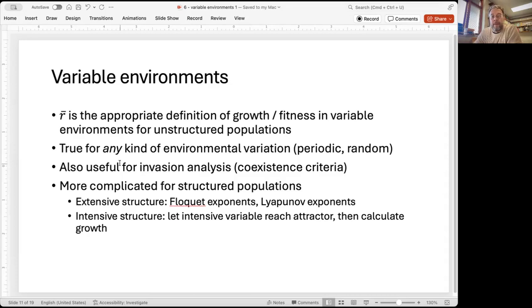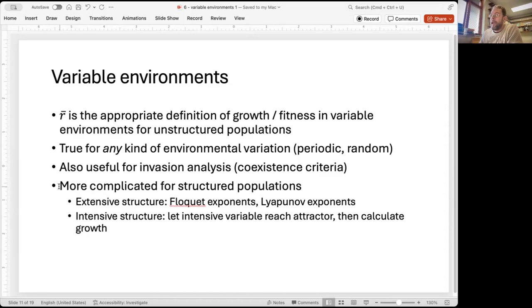If each can grow into the monoculture of the other, then we say they coexist. So basically, you use this averaging technique for looking at coexistence in variable environments. This is what we'll see in the paper after the one we're reading for next week.